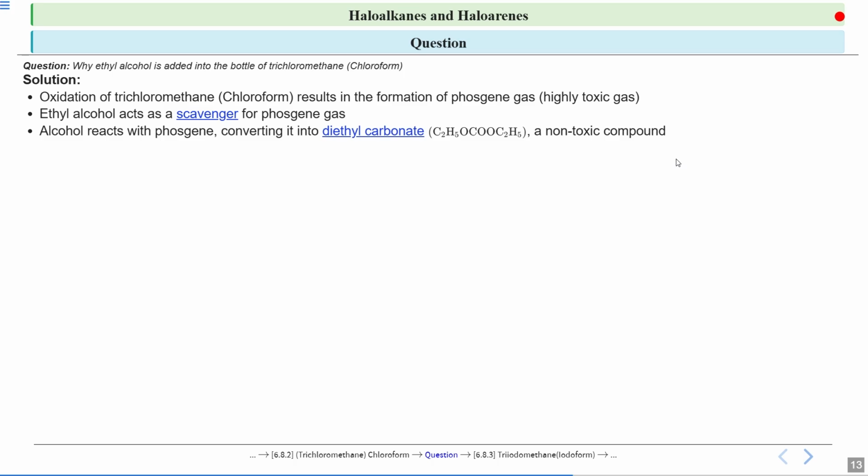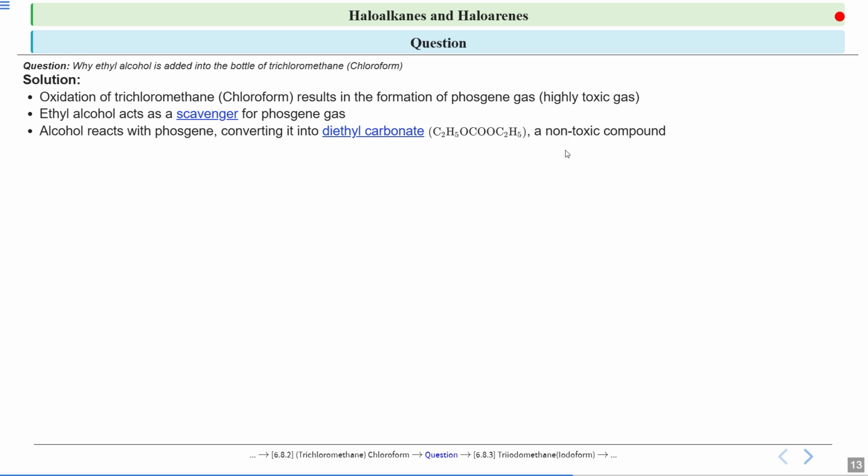Conversely, you can say the ethyl alcohol we have added to the chloroform reacts with the phosgene gas just formed and converts it into diethyl carbonate. Formula C2H5O CO OC2H5, or you can say (C2H5O)2CO, right? And this diethyl carbonate is a non-toxic compound.